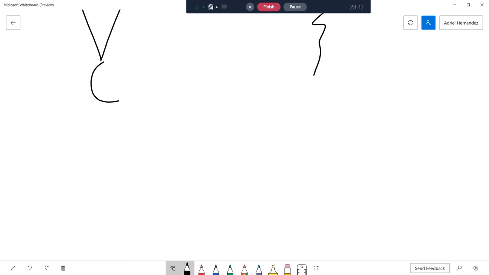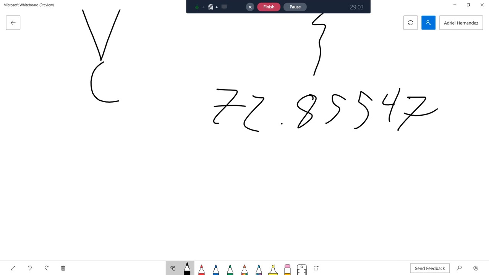So to 10 digits, angle B should equal approximately 72 point all the jazz, 47 degrees equals C.